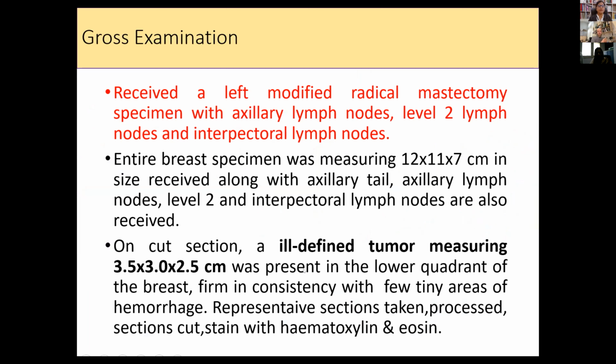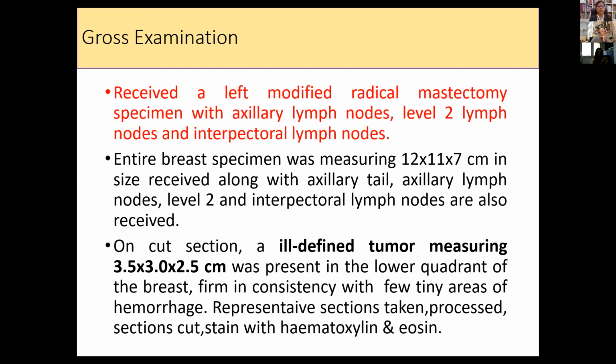We received a left modified radical mastectomy specimen with axillary lymph nodes, labeled 2 lymph nodes, and interpectoral lymph nodes. The entire breast specimen measured 12 by 11 by 7 centimeters, received along with axillary tail, axillary lymph nodes, labeled 2 lymph nodes, along with interpectoral lymph nodes.